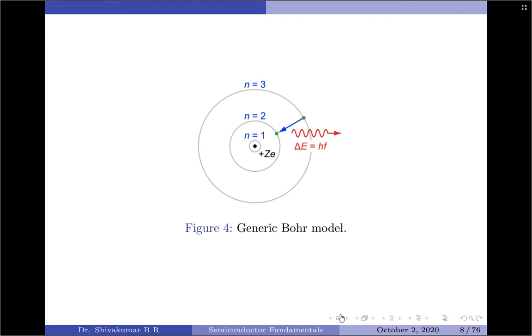Using the Bohr model, we can create diagrams to represent individual elements. For example, copper has an atomic number of 29, meaning that it has 29 protons and 29 electrons. The electron shell configuration for copper would then be 2, 8, 18, 1.